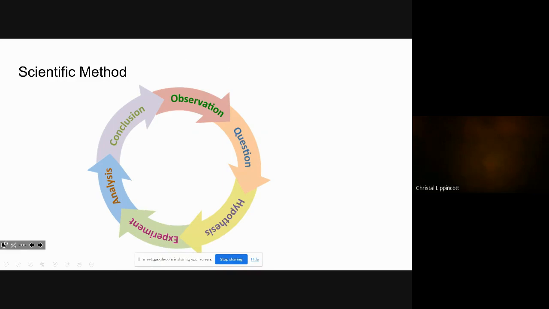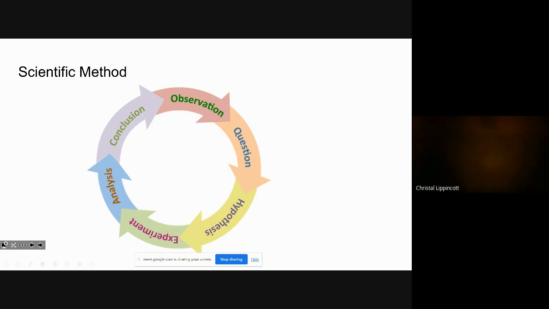Then you will do an experiment to test and see if that item actually worked the way you thought it would. You have data that you collect, and then you analyze that data. You look it over to see what kind of trends were present. And then finally, you have a conclusion. That conclusion answers whether the hypothesis was correct or not.